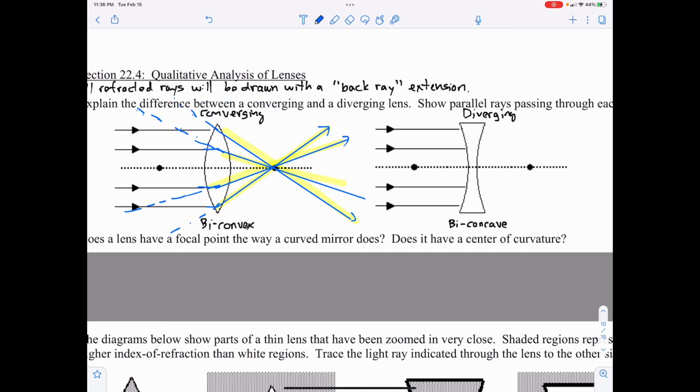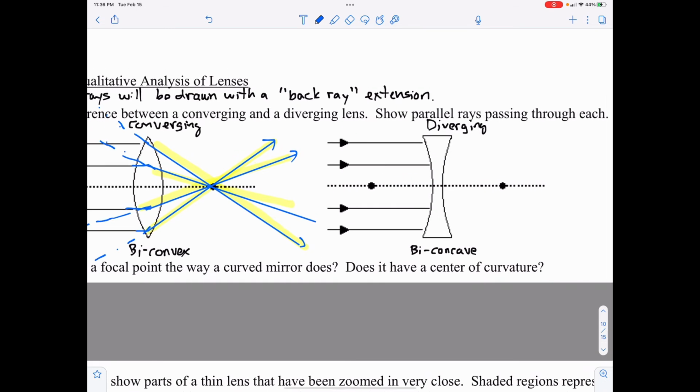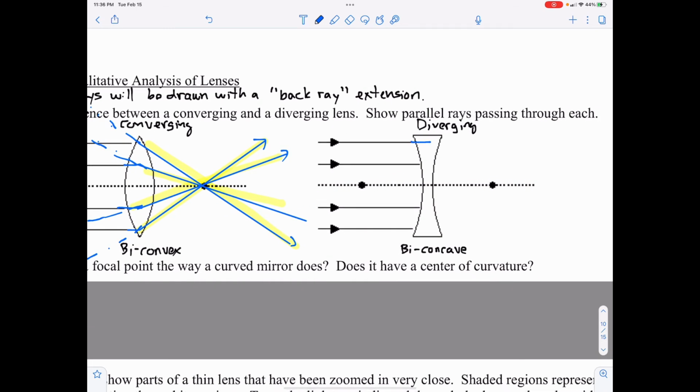Okay, now what does a diverging lens do? A diverging lens is going to take those parallel rays and spread them apart. It's going to diverge at an angle much like this, such that the back ray passes through this point right here.